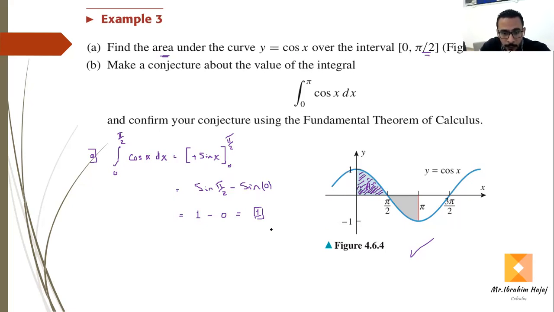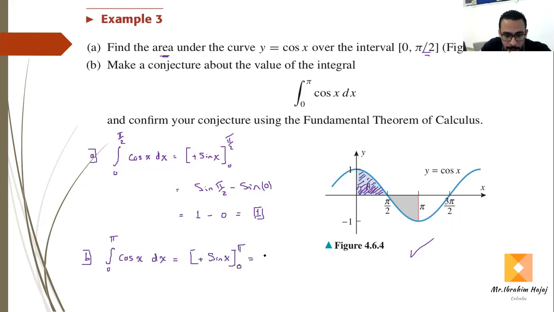Okay, now let's find letter B. Let's find the value of the integral from 0 to pi of the function cosine x dx. It's the same. The integral of cosine is positive sine x, but now from 0 to pi.